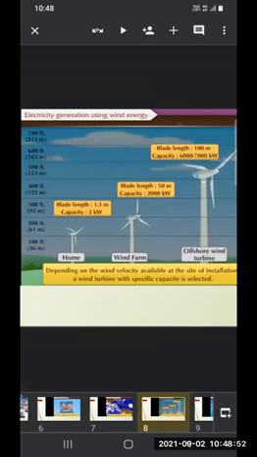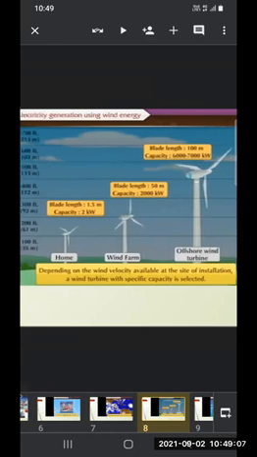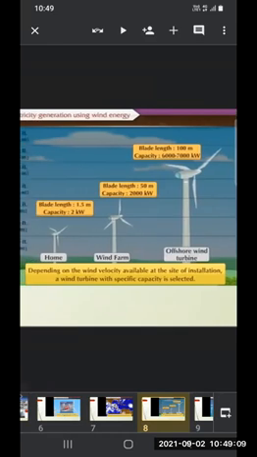For a wind farm, the blade length should be 50 meters, and for an offshore wind turbine, the blade length is 100 meters. So the turbine with specific capacity is selected depending on the wind velocity at the site.